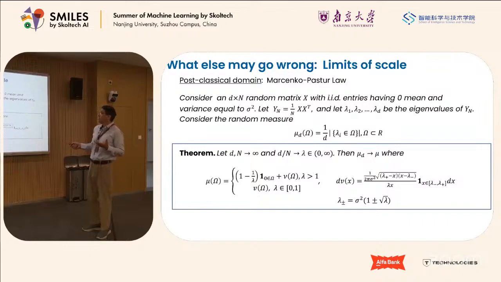And the theorem says that if you let d and n go to infinity, but fix the ratio constant, so if you fix the ratio being equal to lambda, then unfortunately your empirical measure will converge to some measure, but this measure will not be the one that you are expecting.